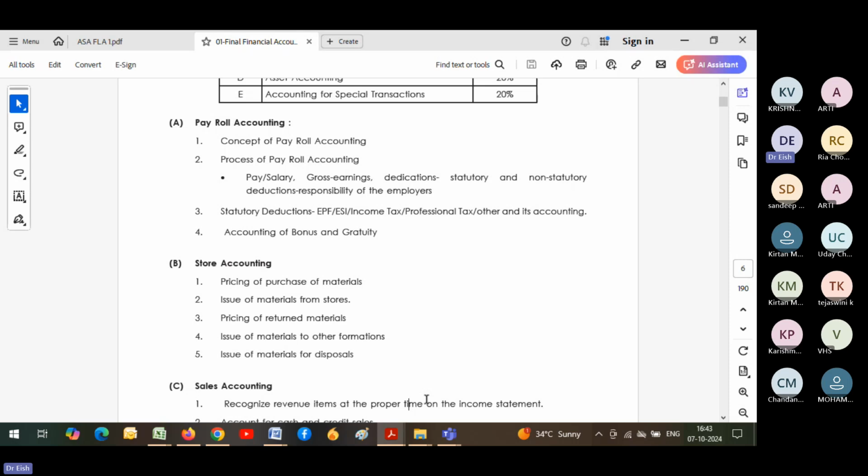Bonus is paid by the employer by Diwali. Diwali is the main festival of Hindus.